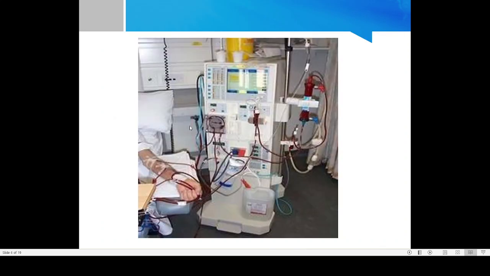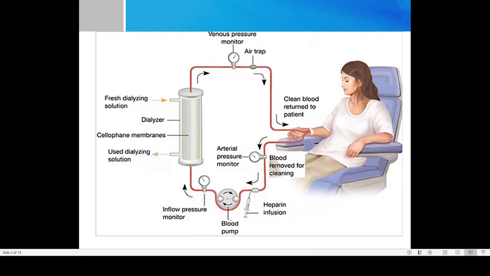This machine is known by the name dialyzer. To the dialyzer, we will be connecting this arterial blood, and you can see that the dialyzer is actually a system of tubes which are placed in a solution. After the blood passes through this dialyzing unit, whatever waste material is present in the blood will be removed into the dialyzing solution, or simply a type of salt solution.